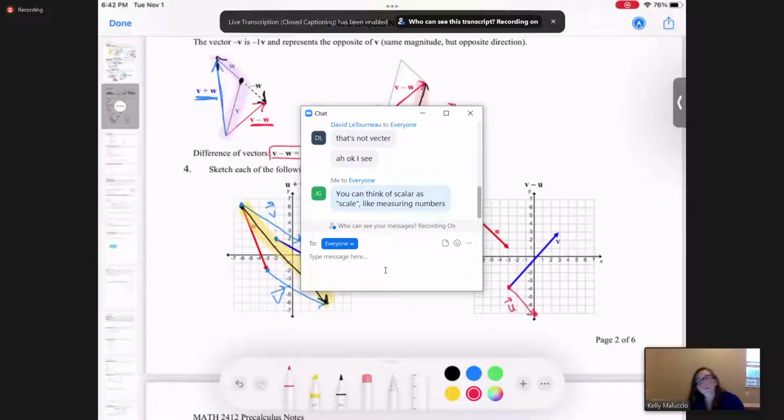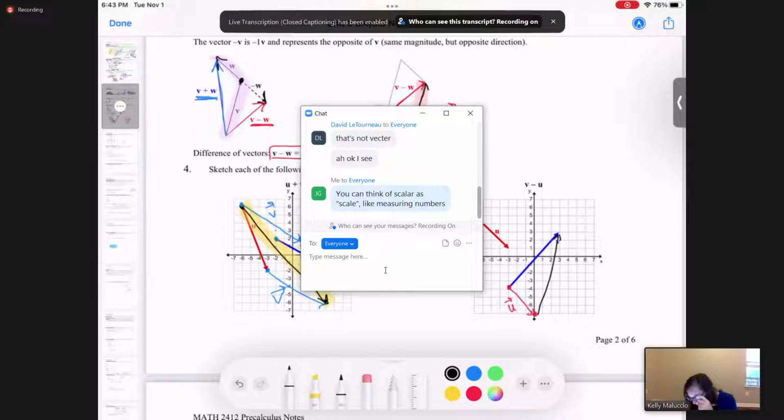So if this is U and we want to subtract it, well, we know that adding V plus U would be connecting.